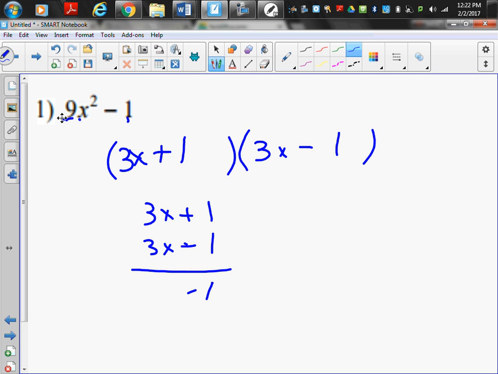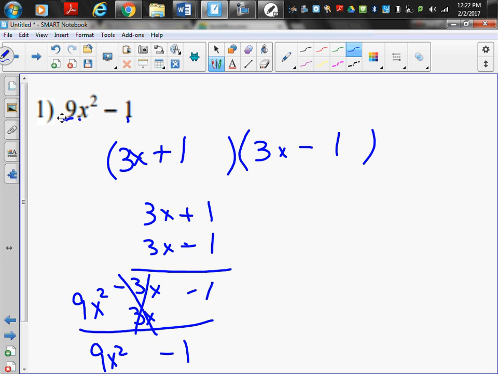Negative 1 times 3 is negative 3x. 3 times positive 1 is 3x. 3 times 3 is 9. x times x is x squared. 9x squared, that goes away, minus 1. And it got us back to where we started. Exactly.